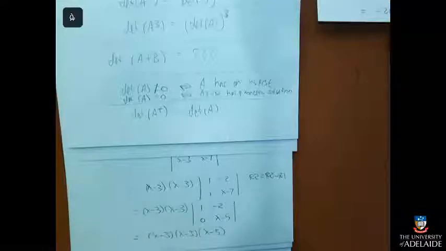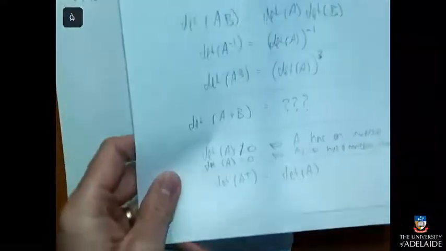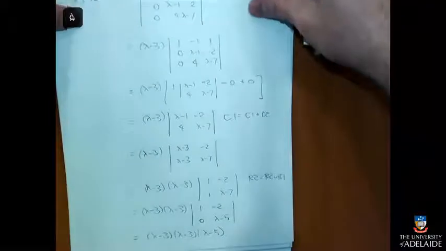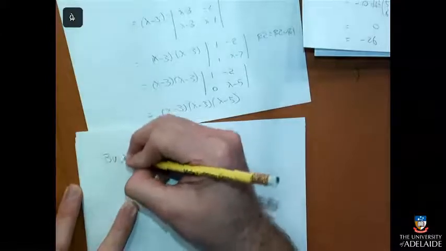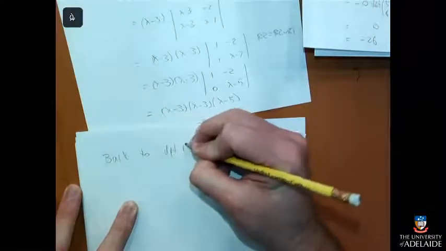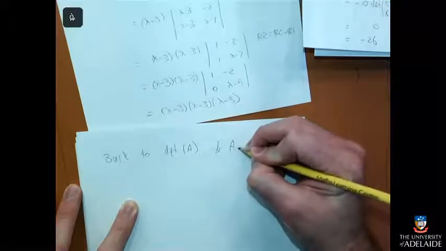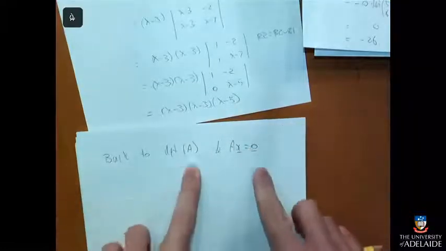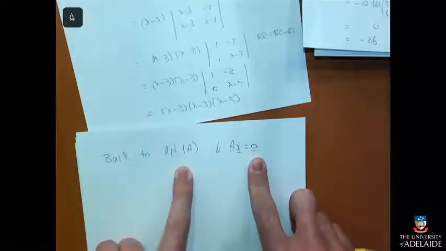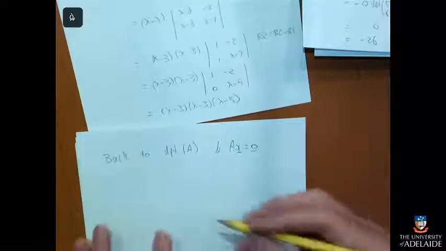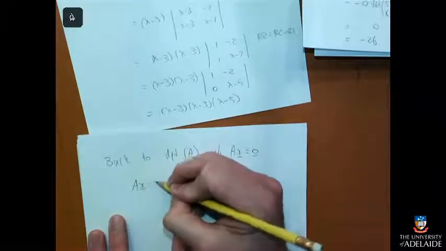So let's pull that out. Okay, go back to that. So we're going back to the determinant of A and Ax equals 0. So Ax equals 0, we know it has at least one solution, x equals 0.